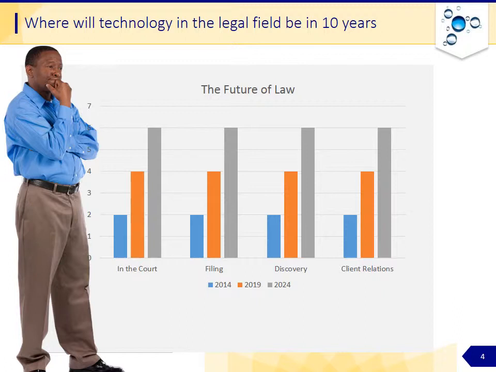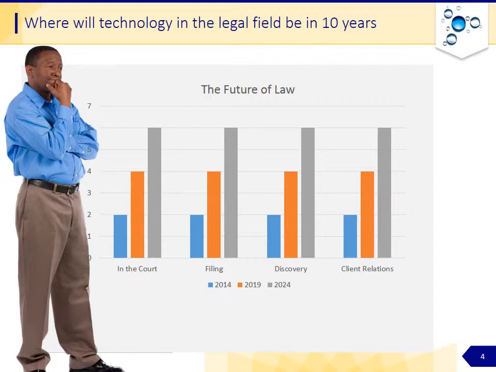Then you also have client relations. Now you have virtual law firms where they're actually conducting consultations and meetings over the phone and over the internet. You also have legal documents that are being prepared online.